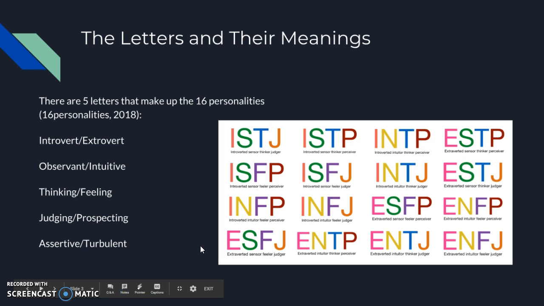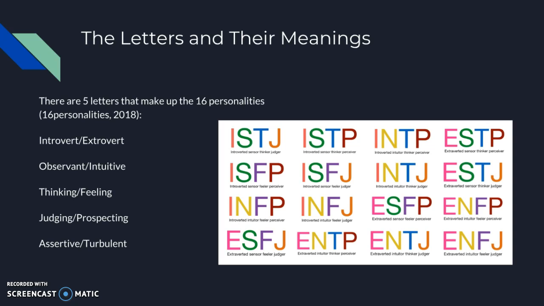As explored by Nearest Analytics, each of the 16 personalities is made up of 5 letters. Each of these 5 letters corresponds to a different word and a different attribute to the 16 personalities. I stands for introvert and is opposite of E, which stands for extrovert.